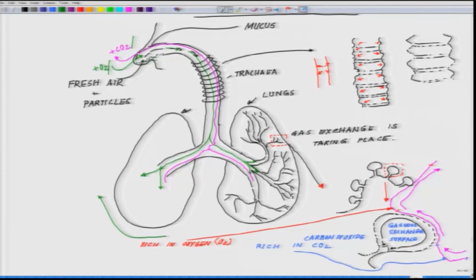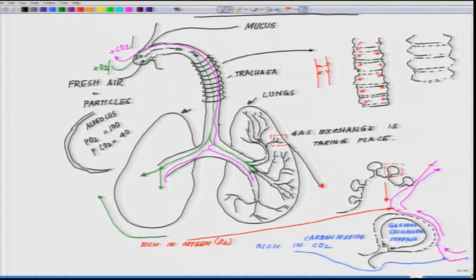Now, this is what is happening. Here you have the alveolar structure, which is a double membrane structure, and the alveolar structure or alveolus has partial oxygen tension of around 100 millimeters of mercury, and the CO2 is 40.